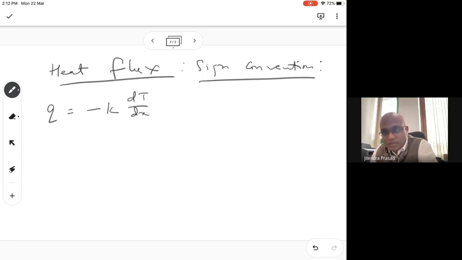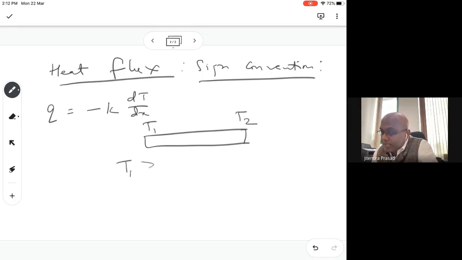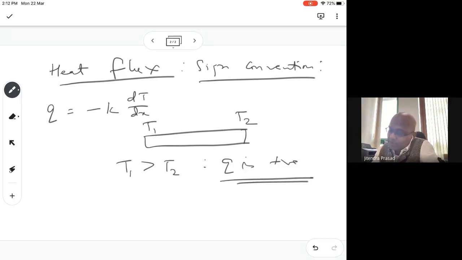This is the heat flux. It really means that if you have T1 here and T2 here, and T1 is greater than T2, then Q is positive. As simple as that.